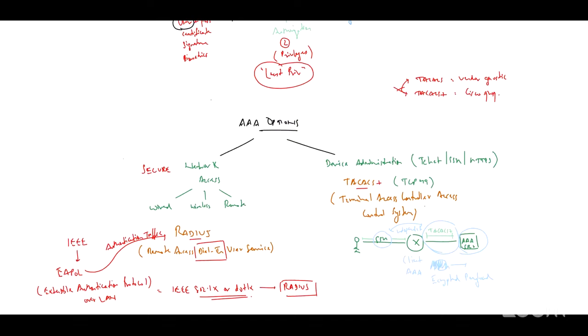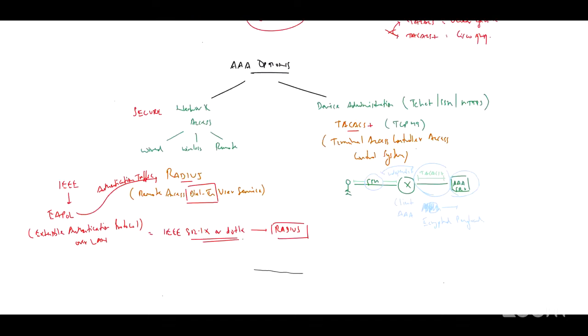When a service provider wants to implement 802.1x in their environment, obviously they would not use Radius. They would use Diameter. That's the service provider equivalent to Radius for implementing IEEE 802.1x, or to implement network access AAA in their environment.